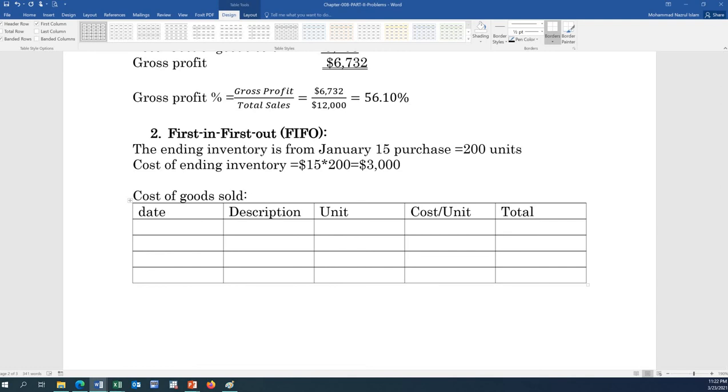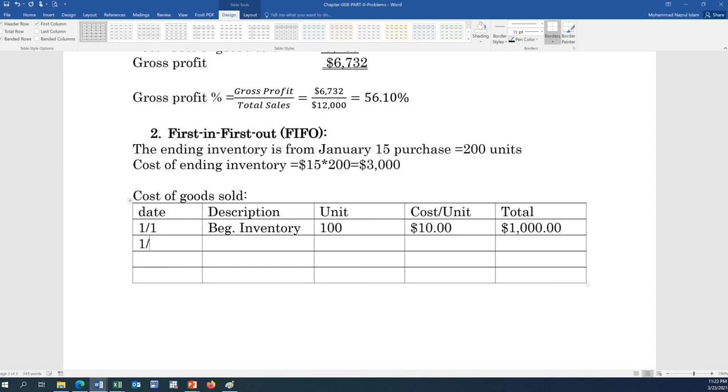We are selling from the January 1 beginning inventory 100 units, and the cost per unit was 10, and the total was $1,000.